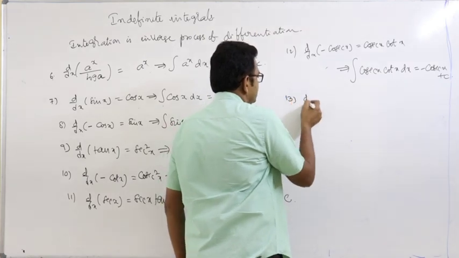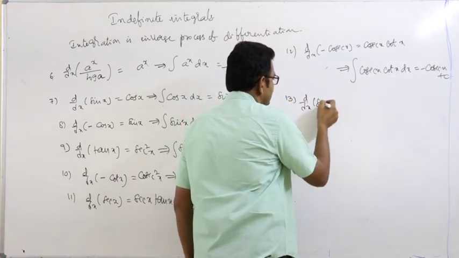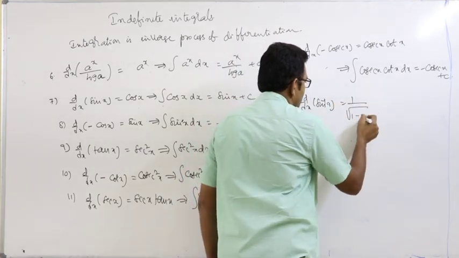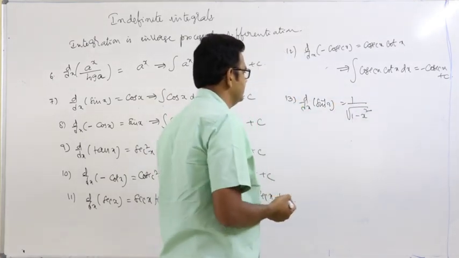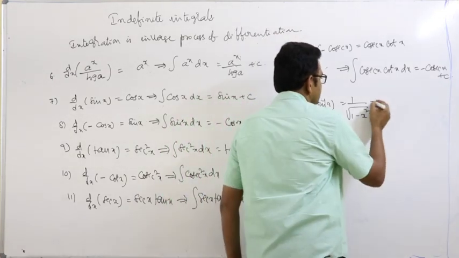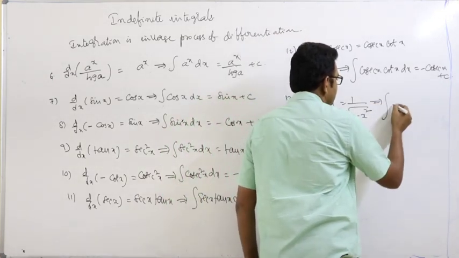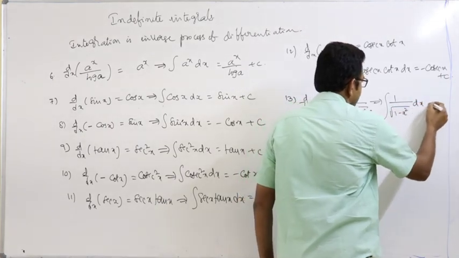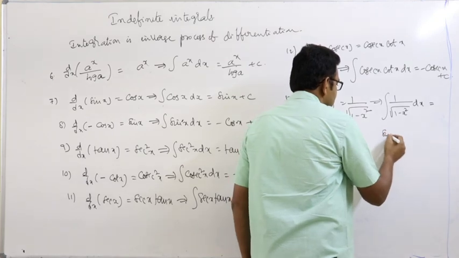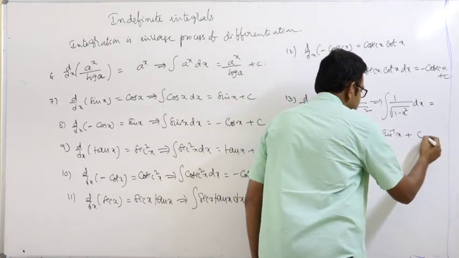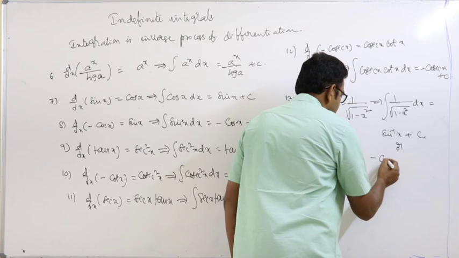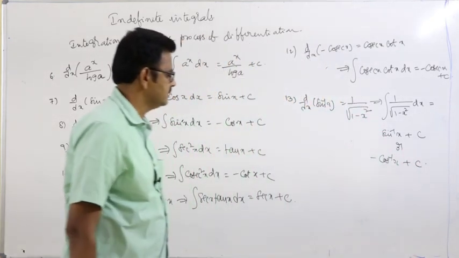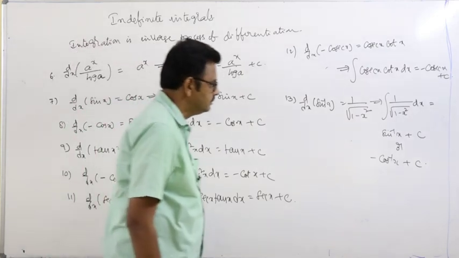Next one, derivative of sine inverse x is equal to 1 by root of 1 minus x square. This implies the integral of 1 by root of 1 minus x square dx is equal to sine inverse x plus c, or minus cos inverse x plus c.